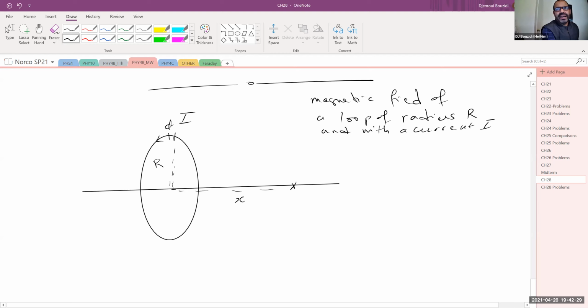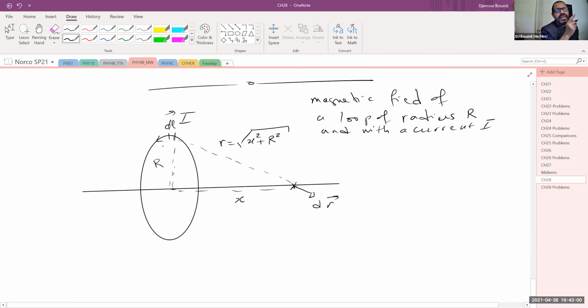So this is my dL. And I want to find the magnetic field due to this element at a distance. Here is the distance really of interest, here is my r again. And this r is clearly from the geometry the square root of x squared plus R squared. And I'm going to sum through dL from 0 to 2 pi R, the circumference of this shape.